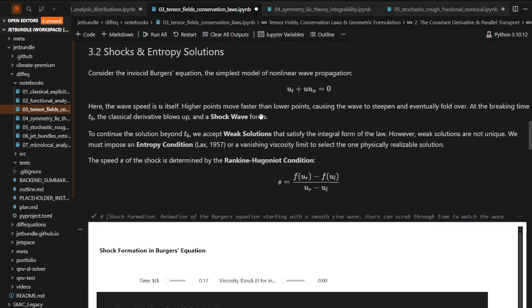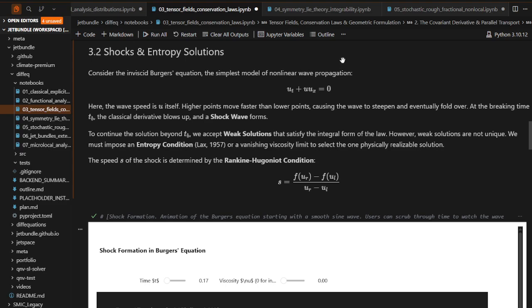After the break, we can use weak solutions, or the integral versions of the derivative. But they're not unique. Again, the uniqueness was determined by the Fredholm theory, index theory that we talked about earlier, in the previous episode.